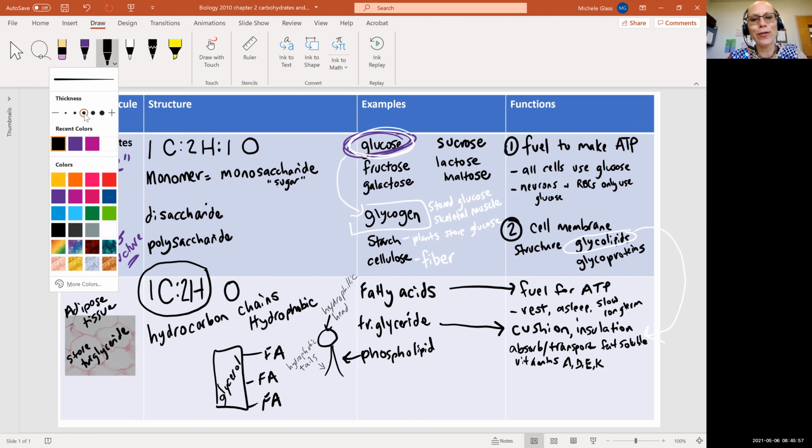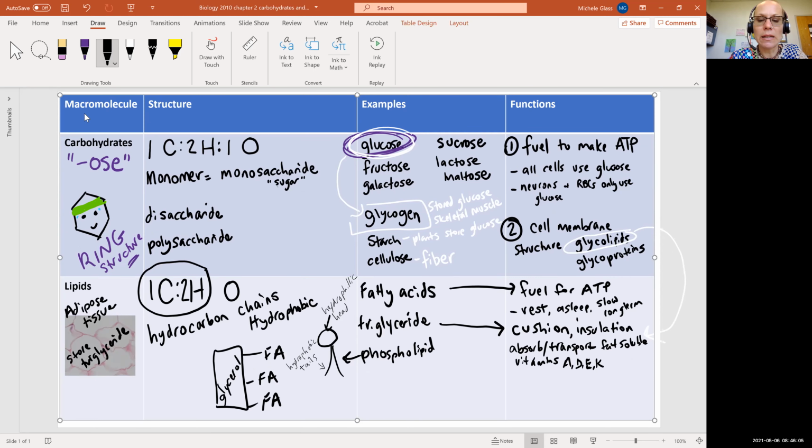So remember, hydrophilic means water loving, whereas hydrophobic means water fearing. And so what we'll see is we have in the phospholipid, half of the molecule is water loving and half of the molecule is nonpolar. It's constructed of those fatty acids, right?